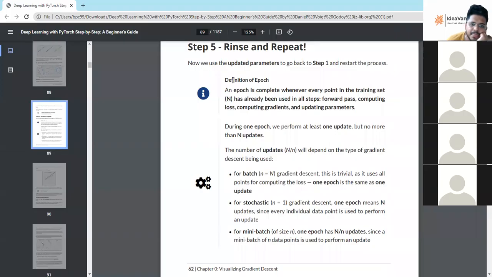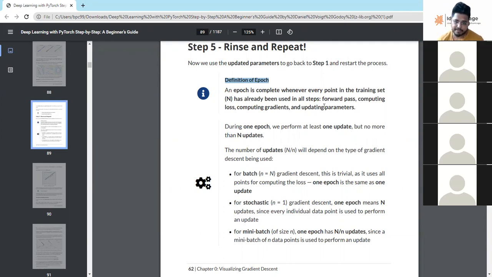What is the definition of an epoch? An epoch is complete whenever every point in the training data set has been used in all steps: forward pass, computing loss, computing gradients, and updating parameters. So I will say that one epoch is completed only when all my data points in the training set are used.